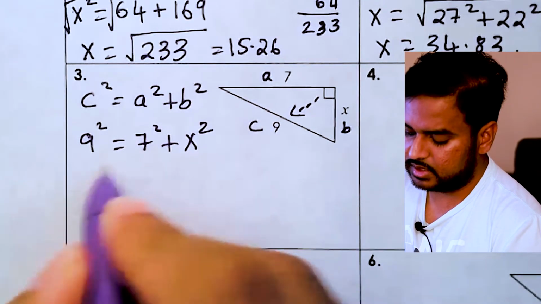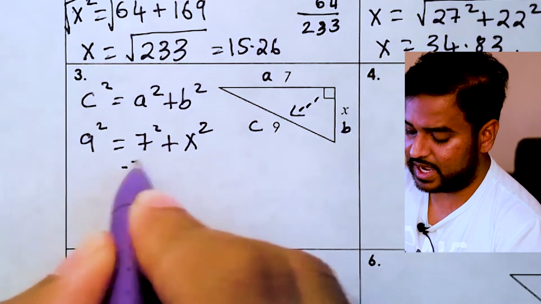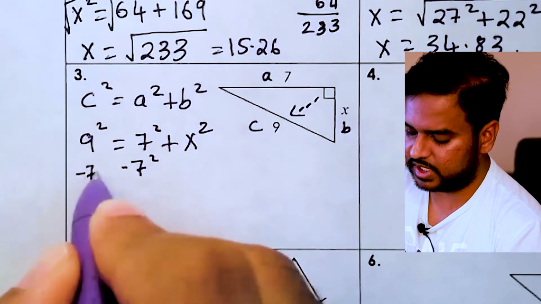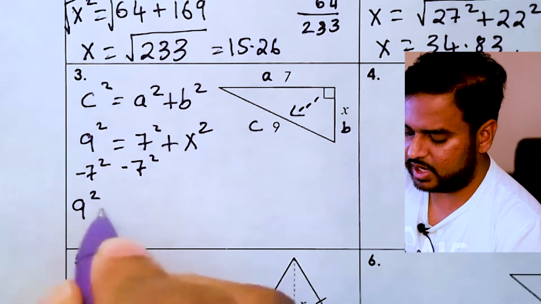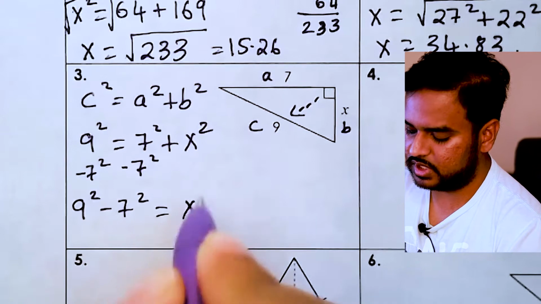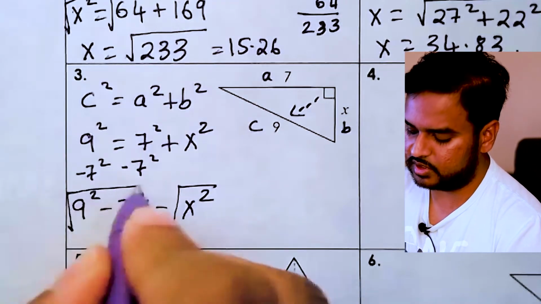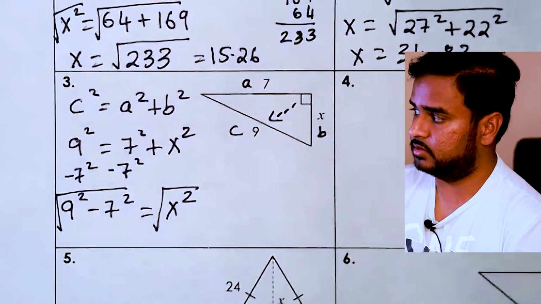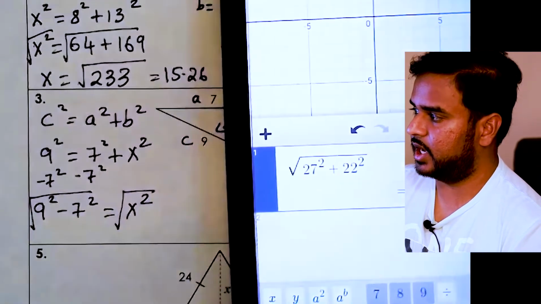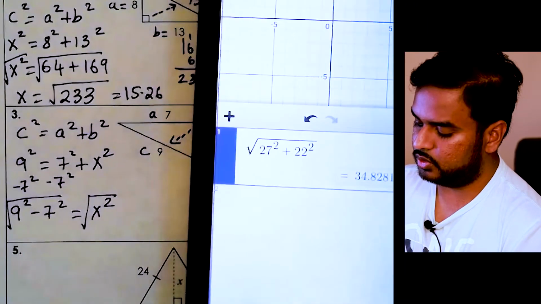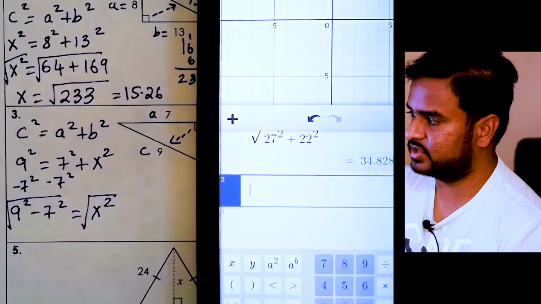Let's see. I want to subtract 7 squared from both sides. So I have 9 squared minus 7 squared equals X squared. To solve for X, I take the square root of both sides. Now, back to my ye old Desmos calculator.